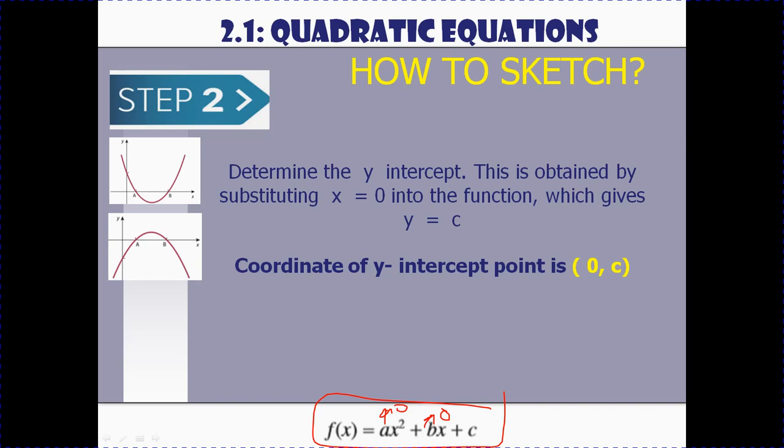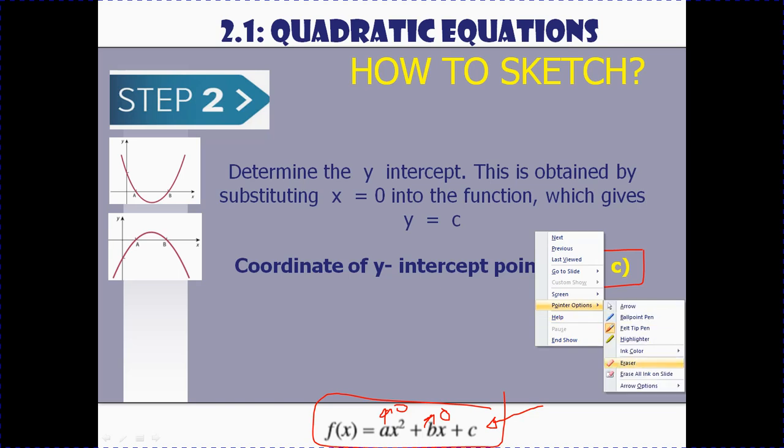That's why when you substitute x equals to 0, then y equals to c. So the coordinate of y-intercept is 0, c. So this is a rule. Whenever you want to find out what is y-intercept, it is just 0, c. C is the constant. You can find it in the equation. This is c. So y-intercept is 0, c.